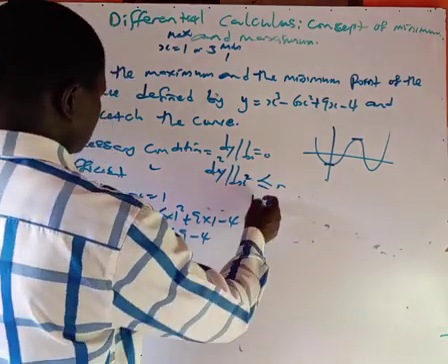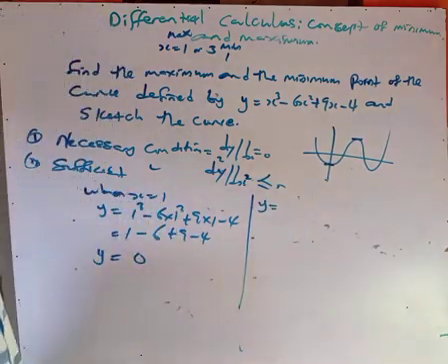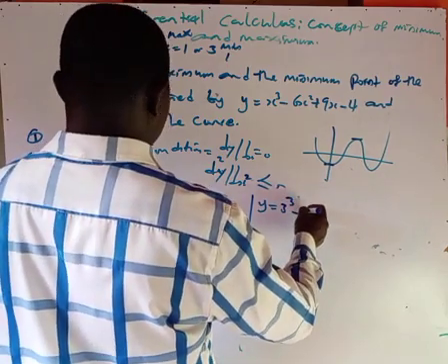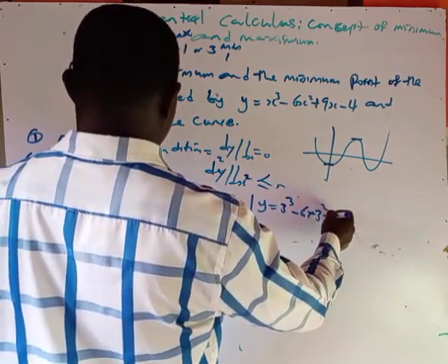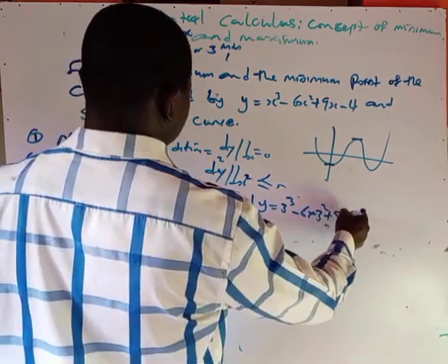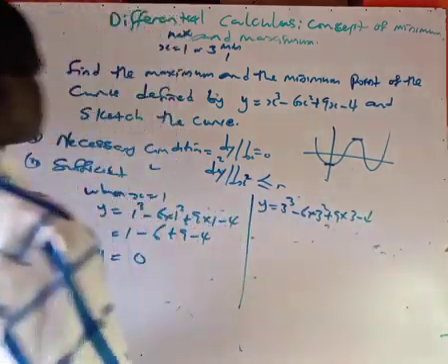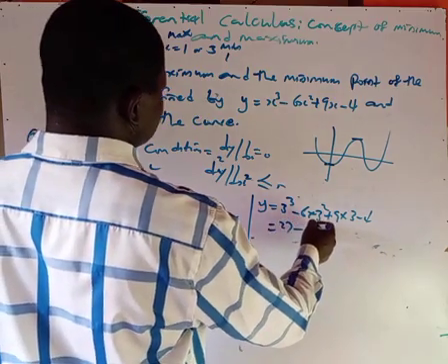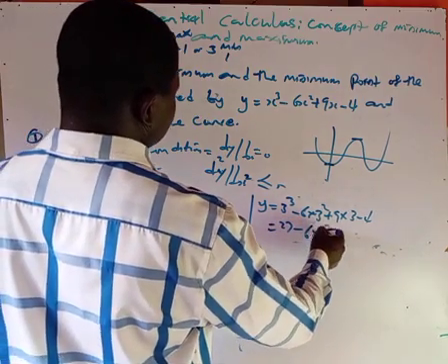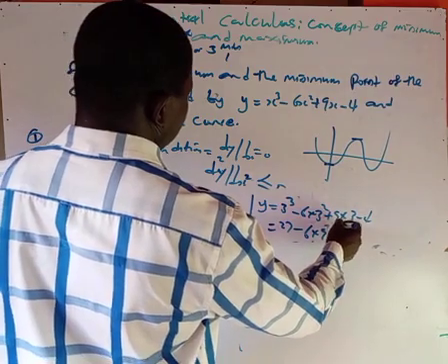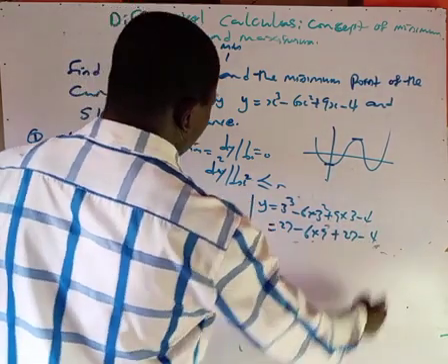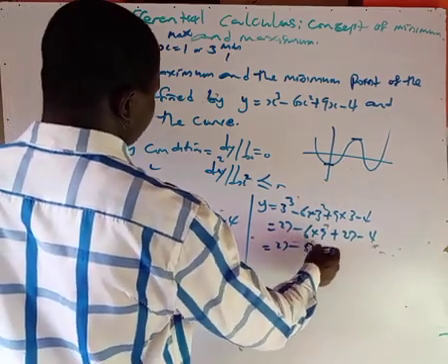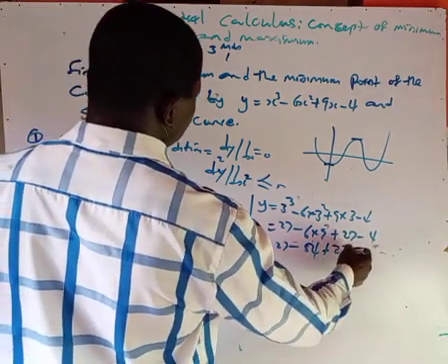Again, when x is 3, we have 3 raised to power 3 minus 6 times 3 squared plus 9 times 3 minus 4. So what you have here is 27 minus 6 times 9 plus 27 minus 4. So this is 27 minus 54 plus 27 minus 4.